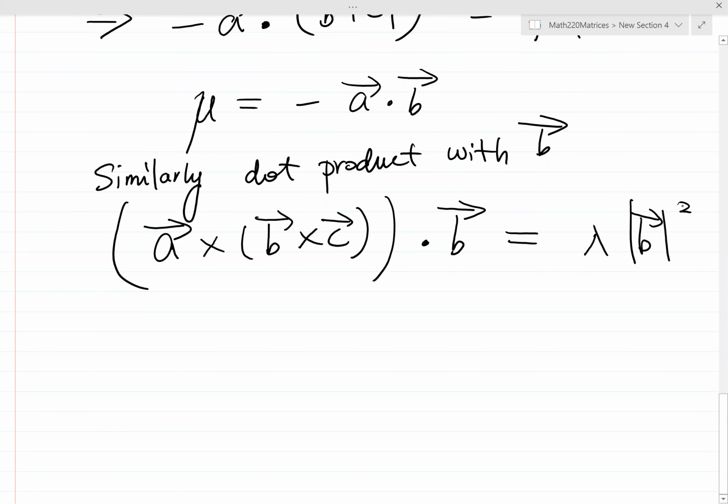Use the property of cross product and dot product.